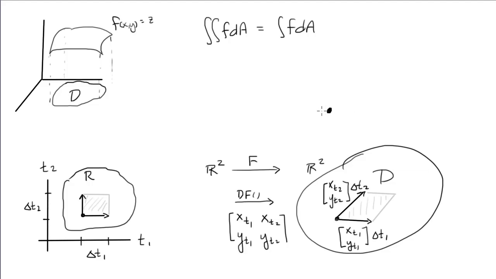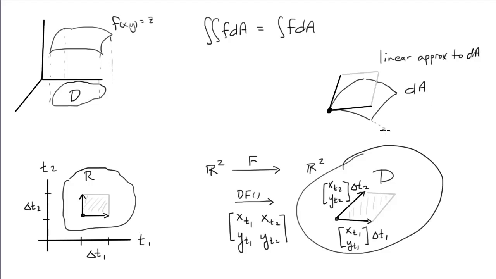Looking at close-up, I've got my parameter curves, parameterizing the domain, my dA chunk, and then I'm going to replace it with a linear approximation, the area of that little parallelogram piece. That's my linear approximation. Curves of one variable and curves of one variable.